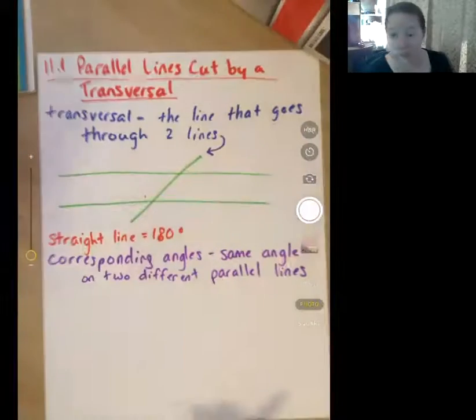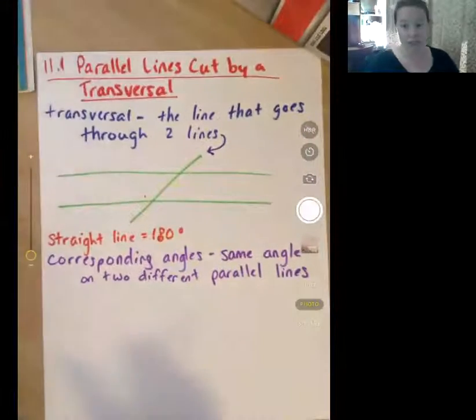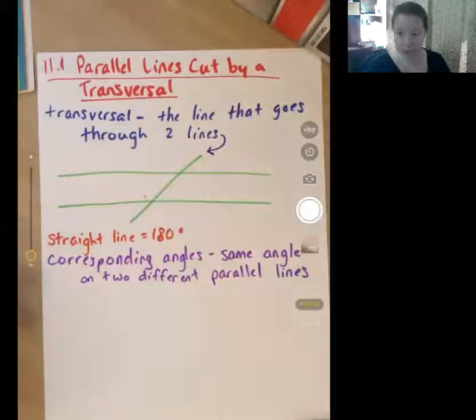If you ever need to stop so that you can write it down before I continue on with the explanation, just pause the video. You can then start it back up again when you're ready.